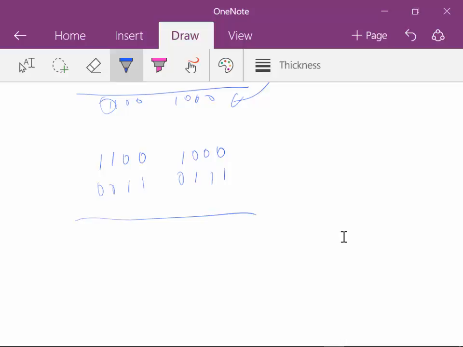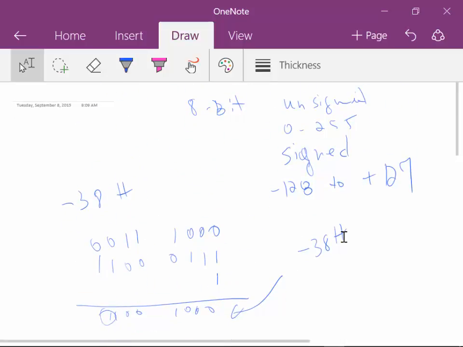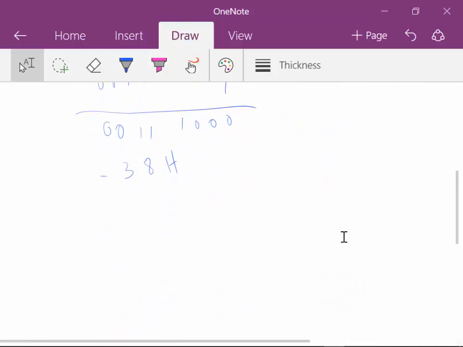Add a 1. 0001. 1100, and I'm back to negative 38 right there. And of course that's in hex right there. And that's what I started with right here, was 38. So the process is fairly straightforward.